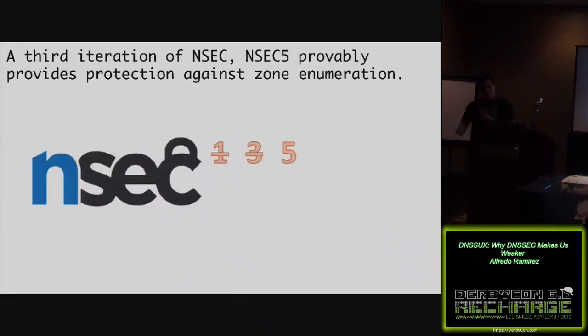So there are some other solutions. The problem with NSEC, right, is that it just returns to you what the next name is. NSEC3 returns a hash. The problem is that they tell you what algorithm they use to hash it, and they give you the salt, and the salt can be 0 characters. So it's actually really simple to come up with a rainbow table for NSEC3 hashes, particularly because you can enumerate all the hashes, right?